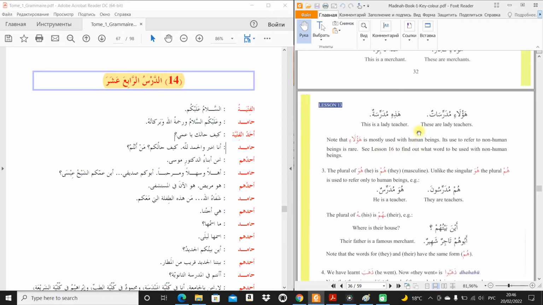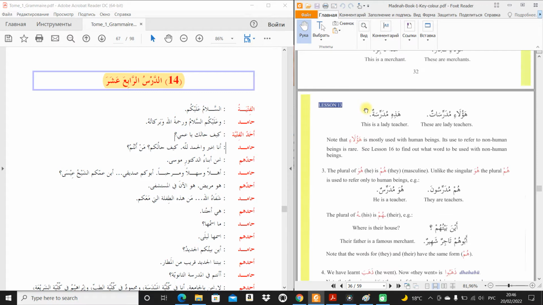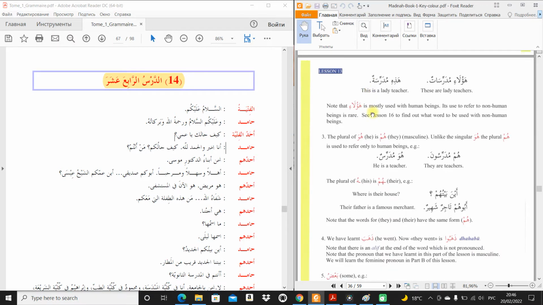Because if we use the word they in Arabic and it's not a human being, we can't use ha'ula'i. We will use hadihi, but we'll get to that in the 16th lesson. So far, you just need to know that ha'ula'i means they and is used for masculine and feminine. Anyways, we learned that, therefore we won't dwell on it.